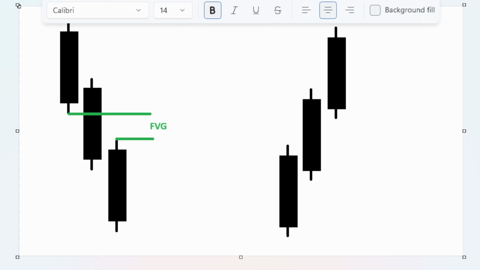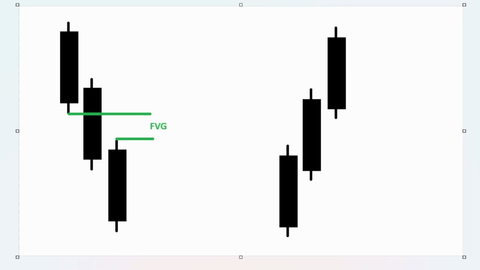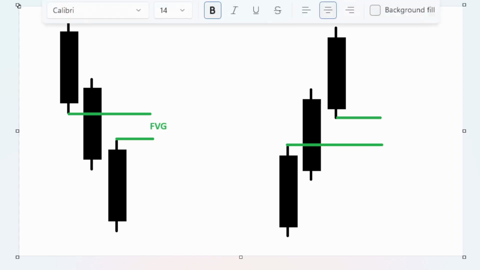And the same thing applies if you look at an upwards move. You would mark the same thing out. And in a situation where the wicks overlap or there's no gap, then obviously that is not a fair value gap. But these are the two prime examples from a downward move and upward move.